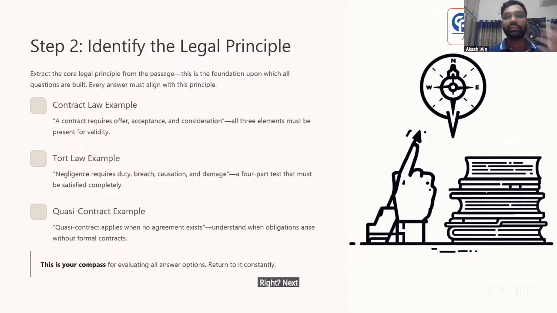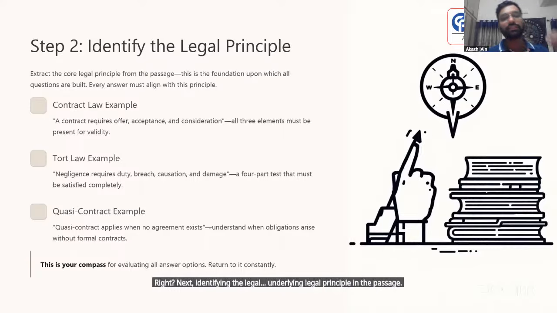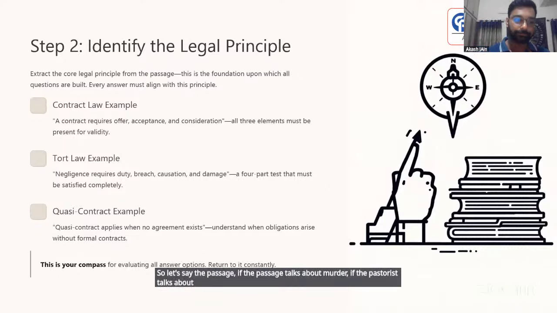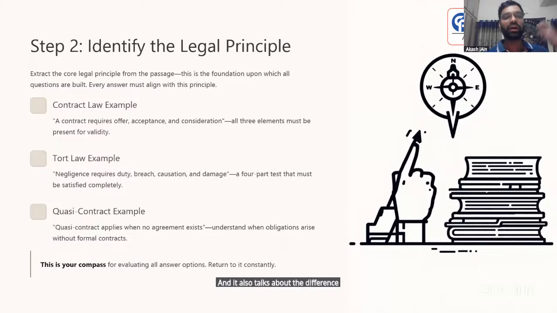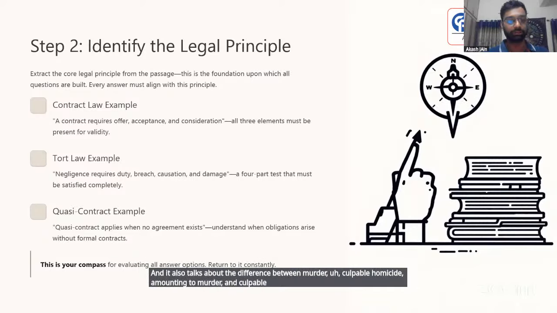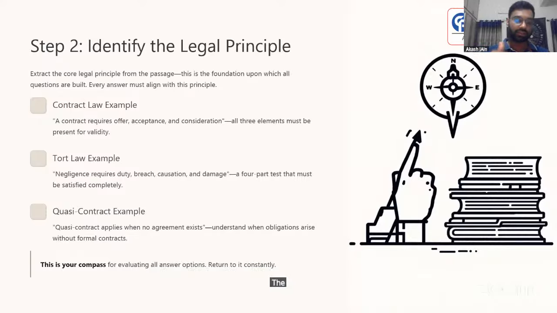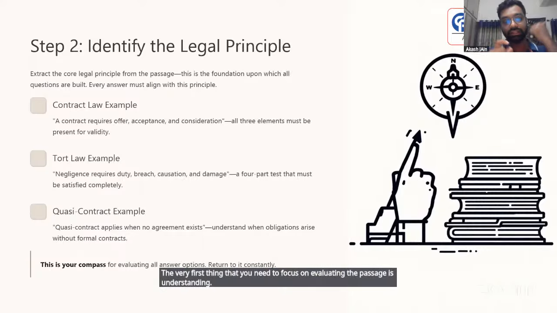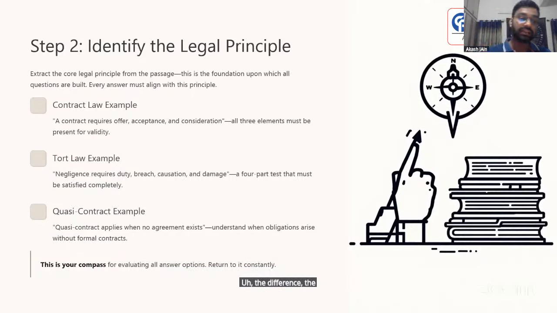Next, identifying the underlying legal principle in the passage. So if the passage talks about murder, and it also talks about the difference between murder, culpable homicide amounting to murder, and culpable homicide not amounting to murder, the very first thing that you need to focus on while reading the passage is understanding the difference, understanding the underlying legal principles discussed in the passage.